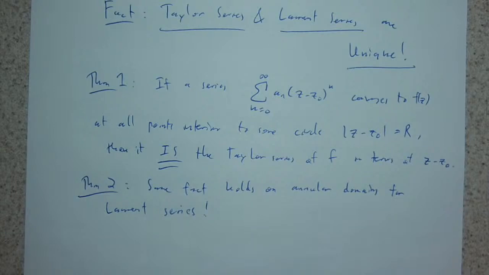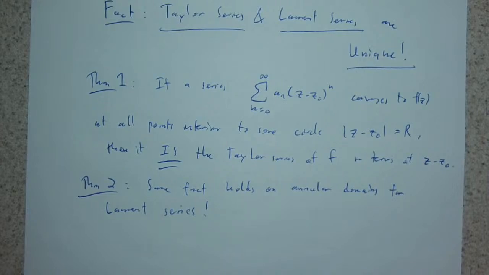And so you can use any way of finding it, like we did in the earlier examples where we did a bunch of examples of Laurent series. You can use that to find it, and then you don't have to compute those contour integrals. In fact, you can use the Laurent series that you found to compute those contour integrals backwards, basically. Because you're saying, oh, I found these coefficients, and now I know by Laurent's theorem that those coefficients have to be equal to those contour integrals. So that's the deal. And that's a really nice fact.